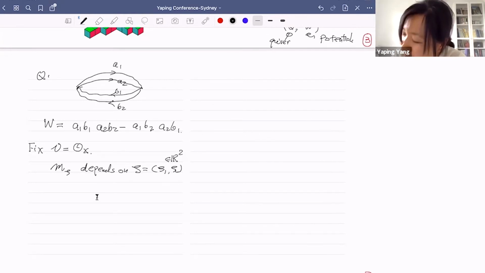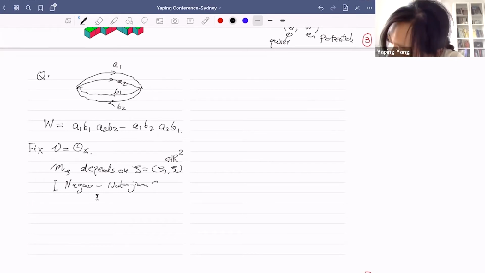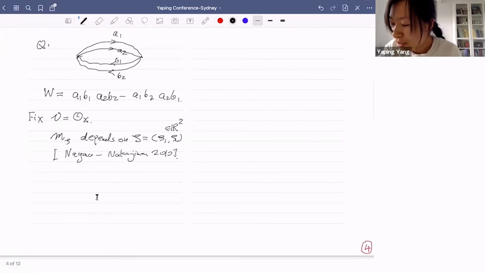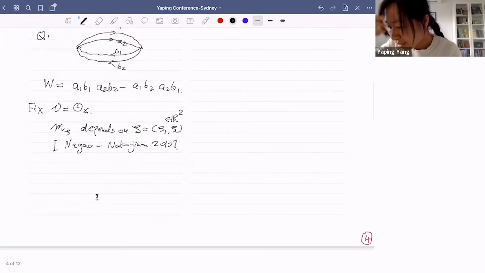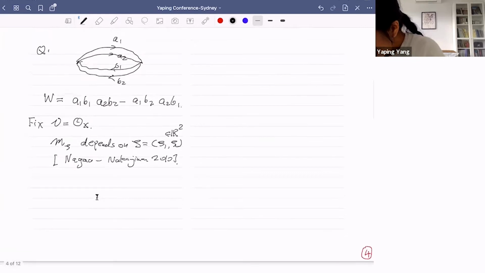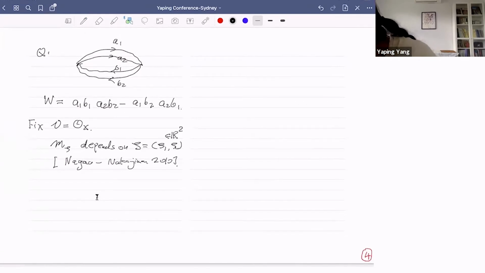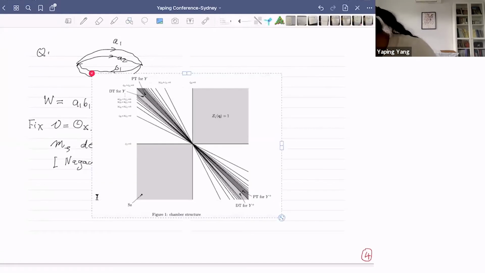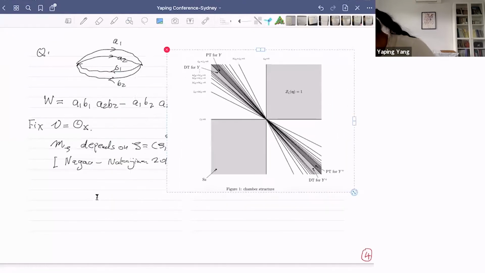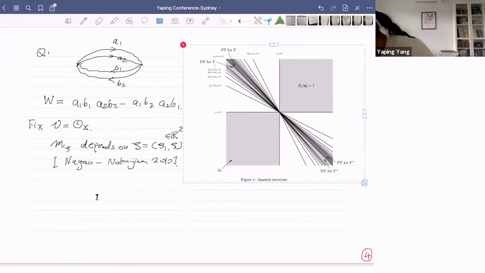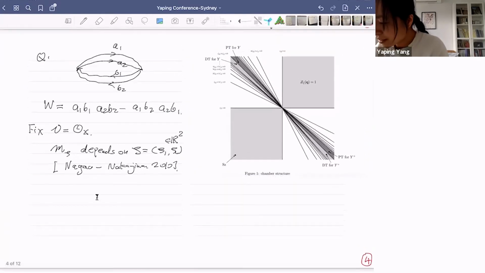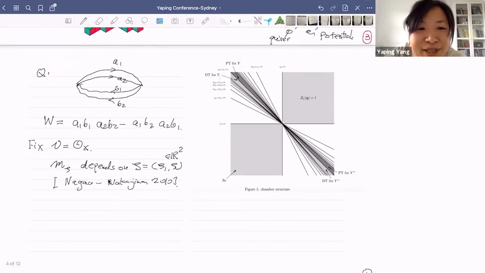And so the moduli space, in this case, was studied by Nagao-Nakajima. Right, so they determined the chamber structure for this moduli space. So let me draw you the picture. I have it here. This one. Right, so this is a picture for the chamber structure for the moduli space M.